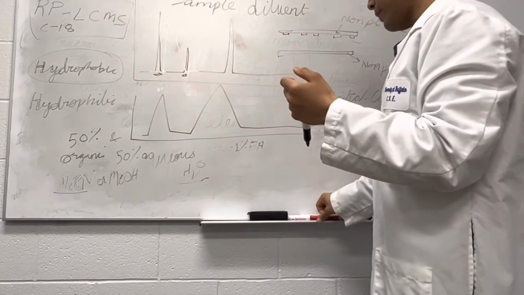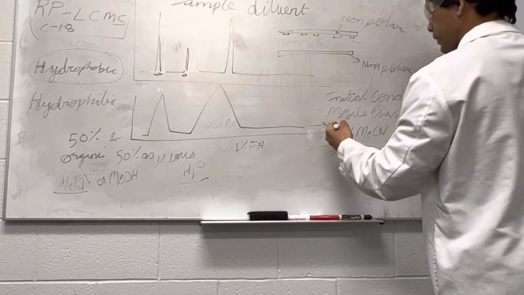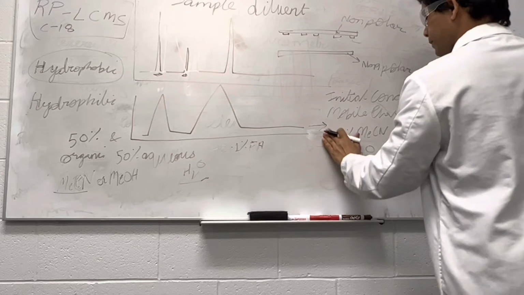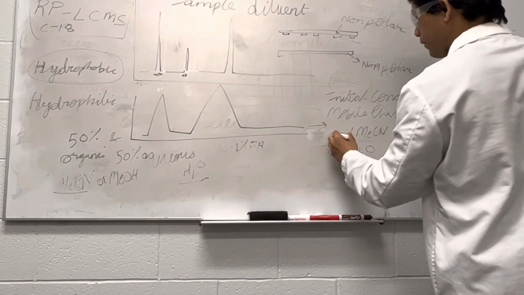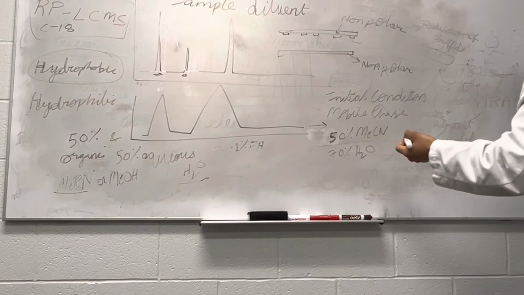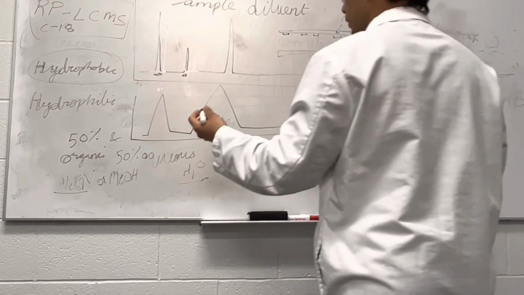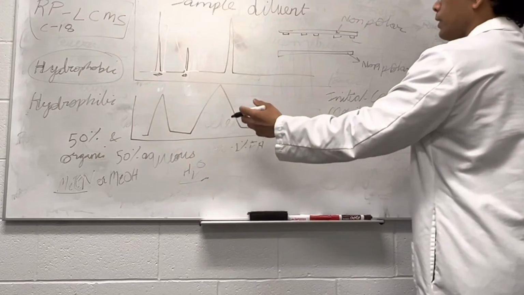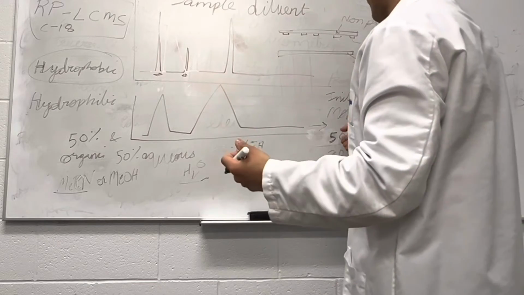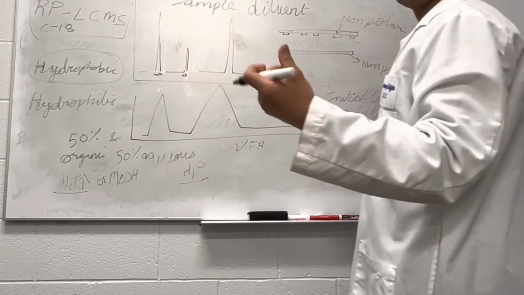Let us consider that our initial mobile phase has 50% acetonitrile or more. Then, when our sample diluent with analytes and our mobile phase come in contact, they will already form a homogeneous mixture.